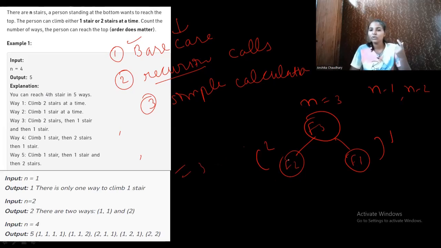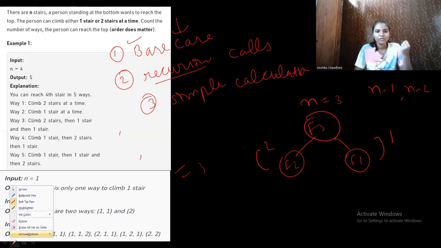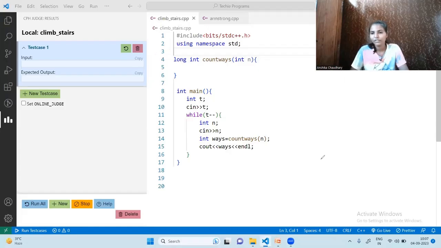Now it's time to code this problem. So let's go into VS Code and there we will code our problem. What is this code doing here? This T is for taking test cases, and from here we are taking input for test cases. This while loop runs for the test cases, and this n means the total count of stairs.